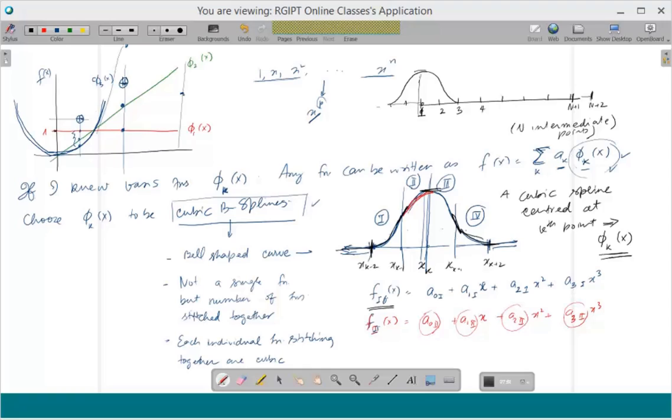Phi2(x) will start over here and peak at the second point, and then go to 0 at the fourth point, right? And so on. Something like this. Okay. So this would be my phi1(x), this would be my phi2(x), this would be my phi3(x), etc. Okay.